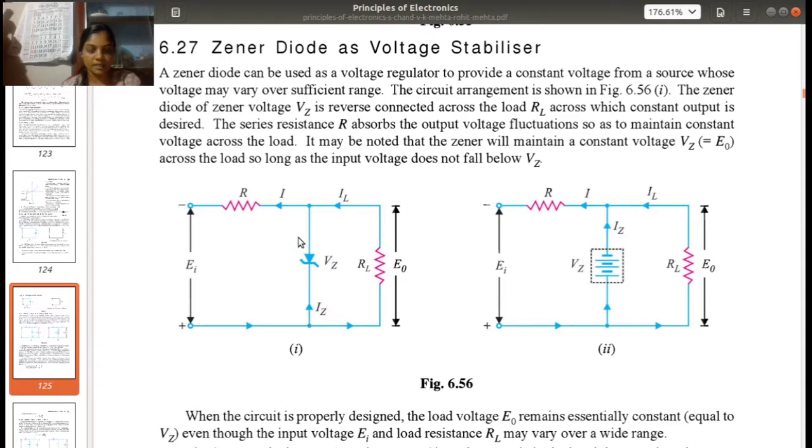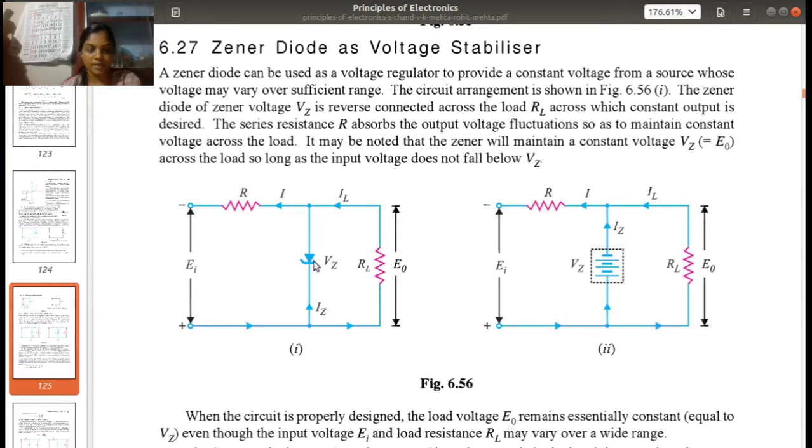So the current increases as the input voltage increases, but this increase in voltage is dropped across this series resistor. And what does this mean? This maintains a constant output voltage. So this output is unaffected. Whatever the input, the output will remain so.